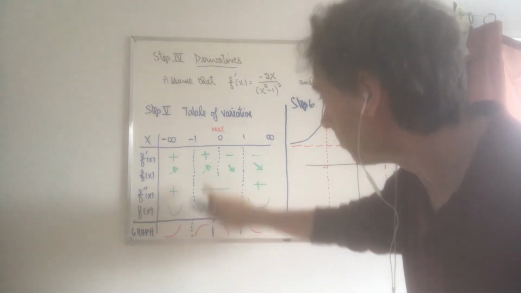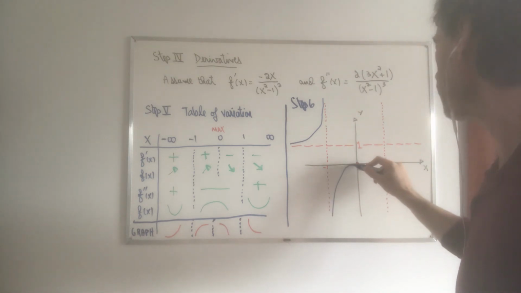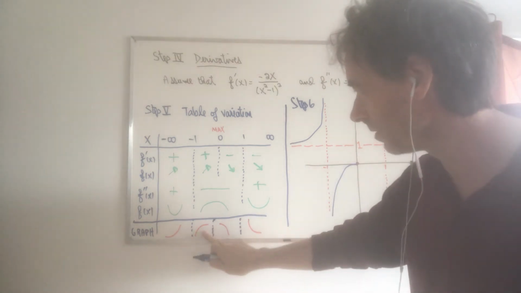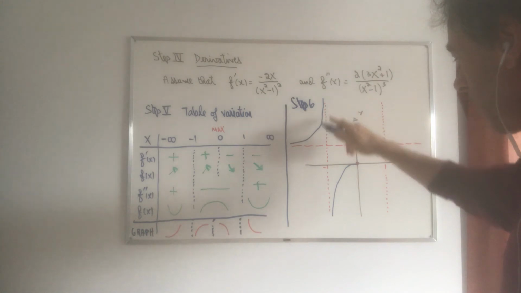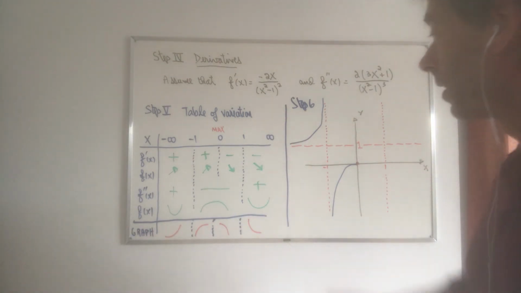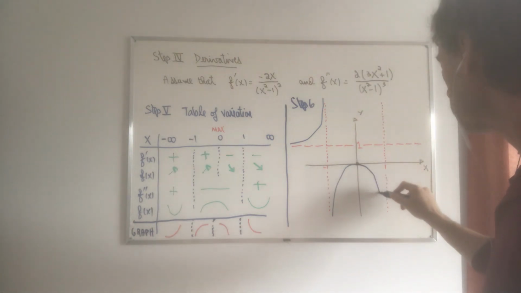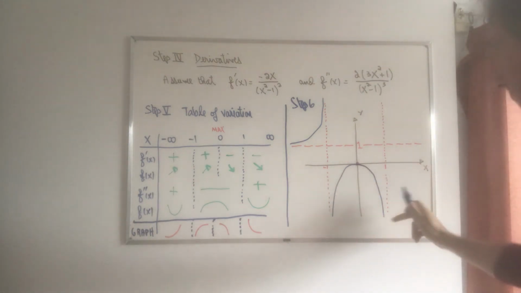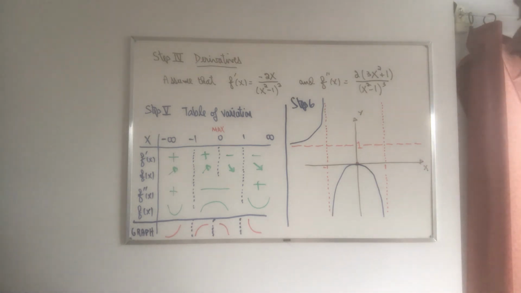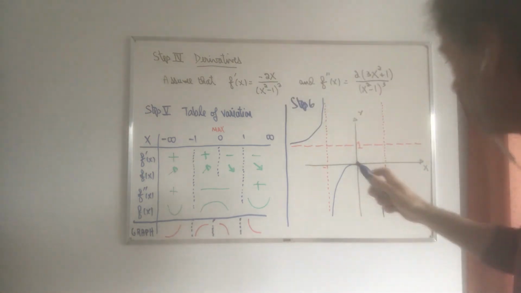Now this, between minus 1 and 0, respect your asymptote. So you do that between minus 1 and 0, respecting the vertical asymptote, connecting with the local max. Other half of the parabola here, going down, respect the asymptote by leading towards it. Finally, this guy, between 1 and infinity, respect your asymptotes.